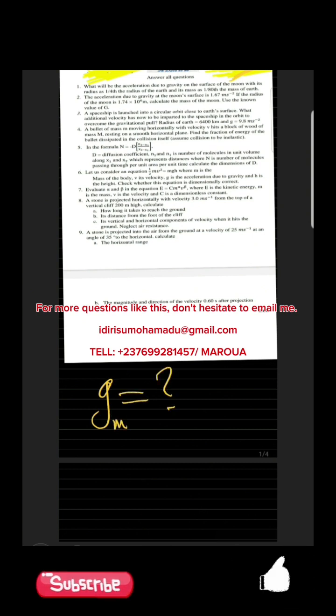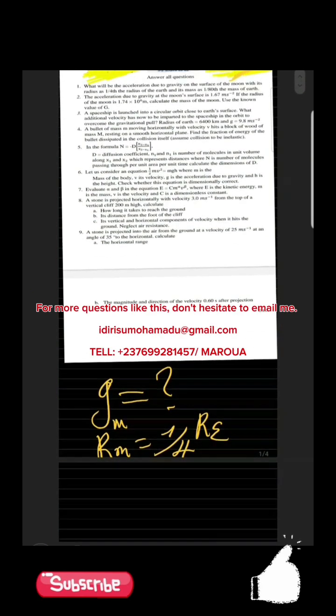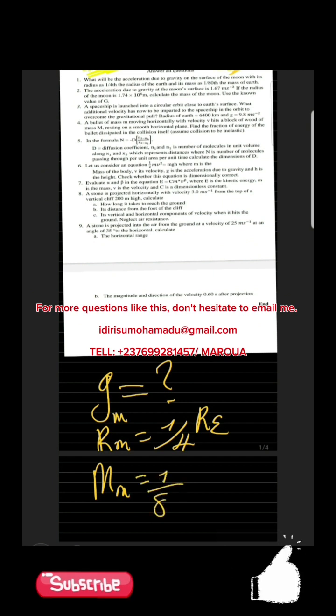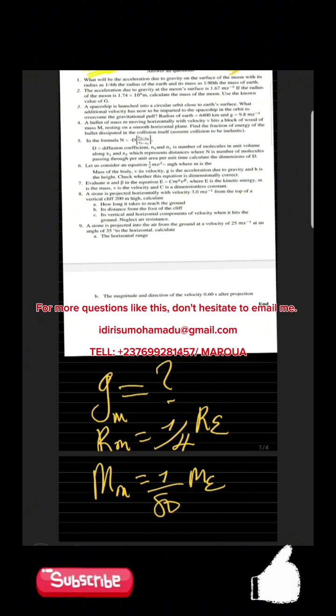With its radius, so radius of the moon equals 1/4 radius of the earth. That's what they have given to us. And its mass is 1/80th the mass of the earth. So mass of the moon is 1/80th mass of the earth. So you have to calculate the acceleration due to gravity of the moon.